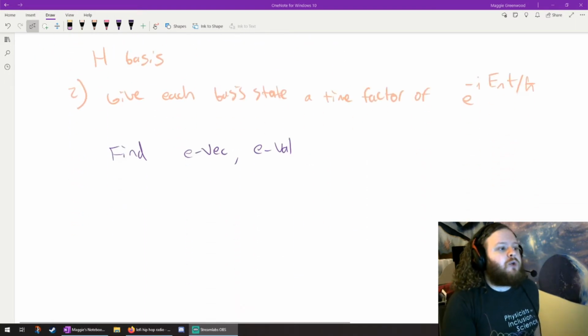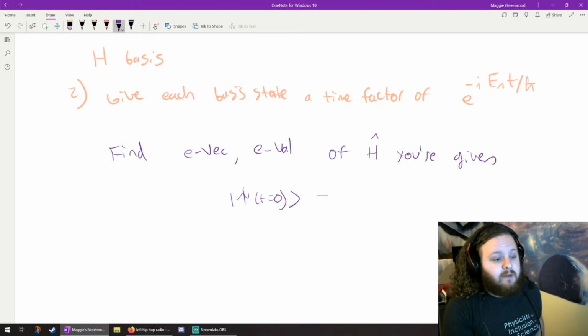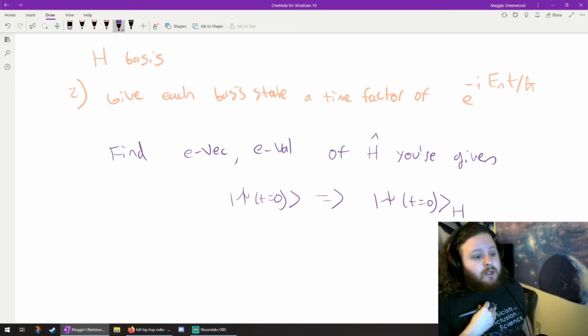But in principle, what you would need to do is find the eigenvectors and eigenvalues of the Hamiltonian you're given, and then put psi of t equals 0 from whatever basis you were given and write it down in the basis of these new eigenvectors you found. So you've got to put it in the Hamiltonian's basis.